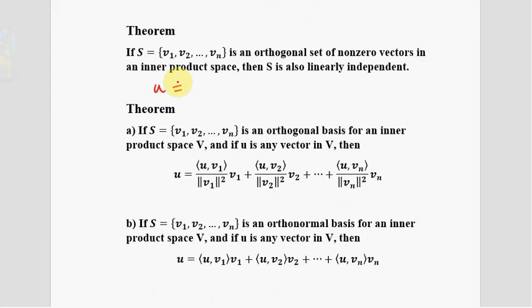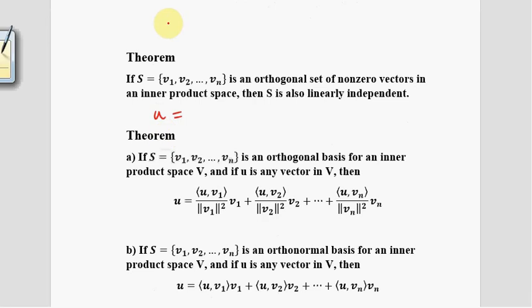So if I take some vector U, let's say that here U is some vector in the vector space, and also in the vector space I have the basis for V, which is V1, V2, V3, V4, and so on to V sub n.